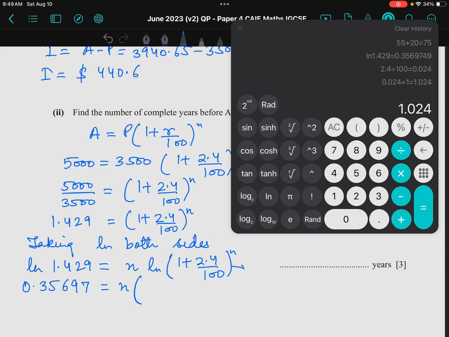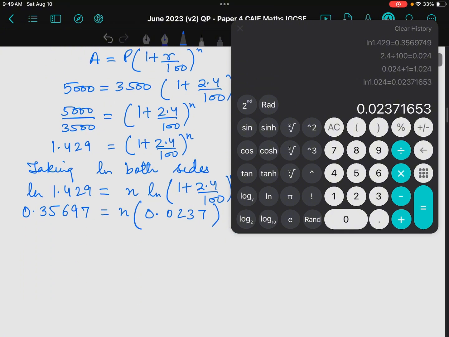This bracket value is 1.024. So what I will do, I will take log of this. So it is ln 1.024, and the answer is coming as 0.0237.